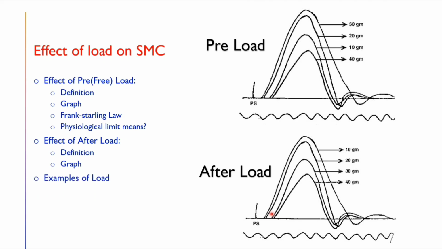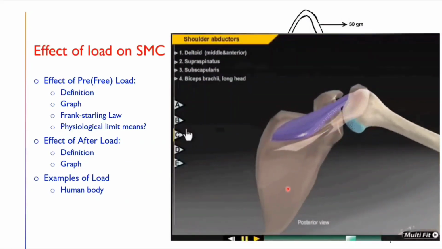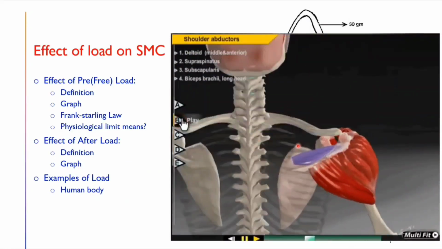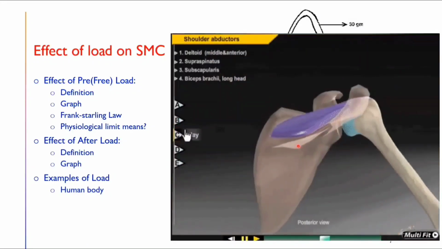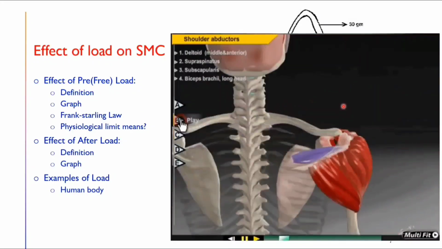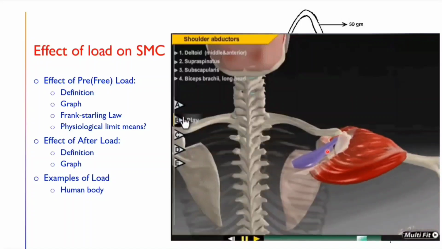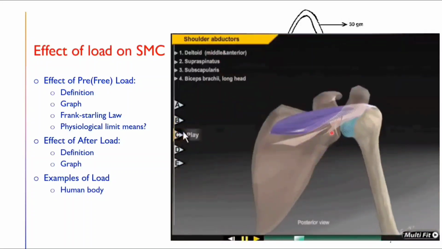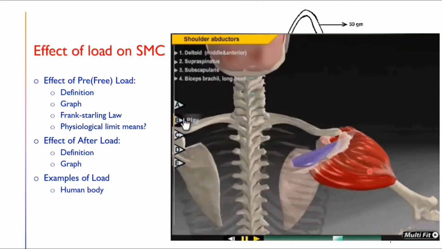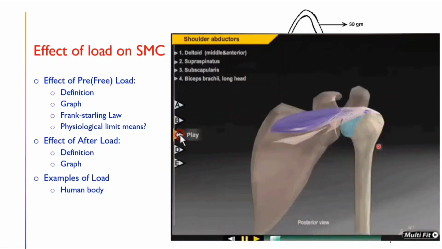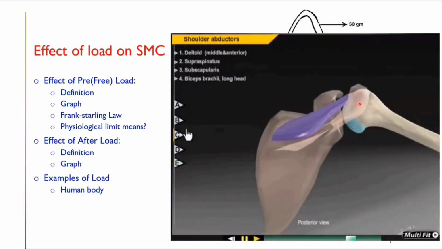Then what are the examples of load in the human body? One is movement of the upper limb. If we do abduction of the limb, what happens? There is a muscle known as supraspinatus. This is supraspinatus. The supraspinatus takes the load of the arm, so it is a preload for supraspinatus. Initially the deltoid muscle does not take the load of the limb, it is the supraspinatus which takes the load.